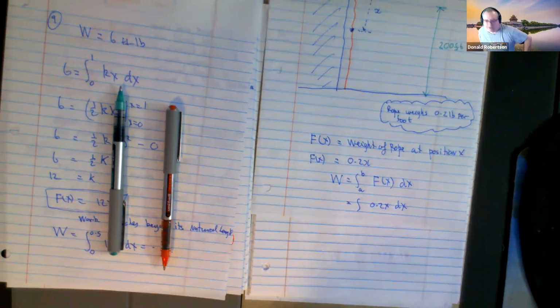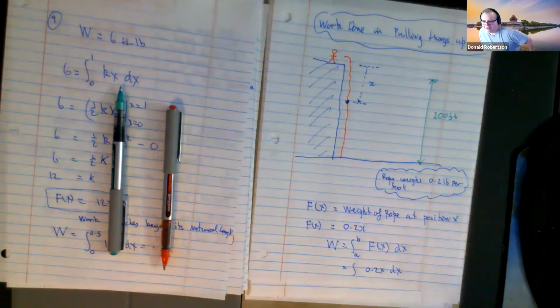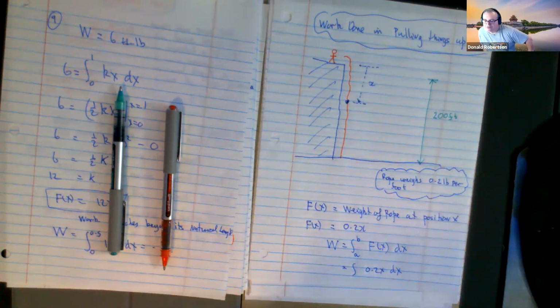What we have to figure out now is what X is at the start and the finish of this journey. What will X be when you reach the top, and what's X going to be when it starts off at the bottom? Start and finish value for the rope.